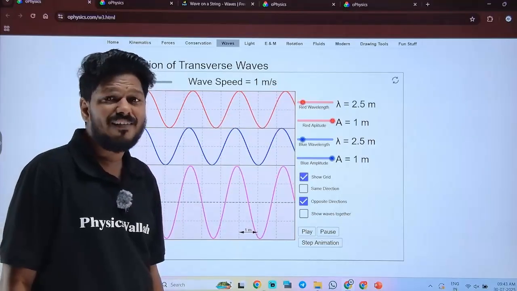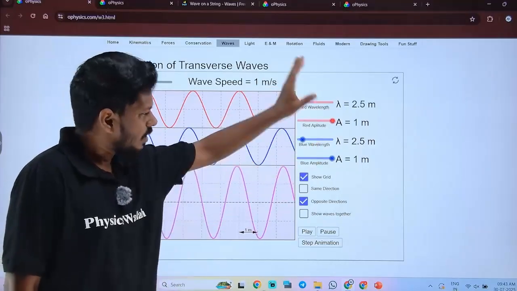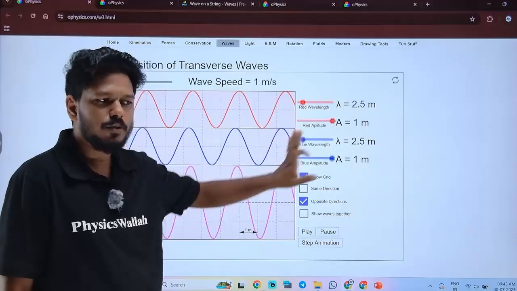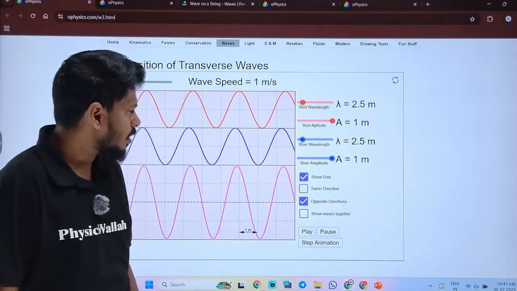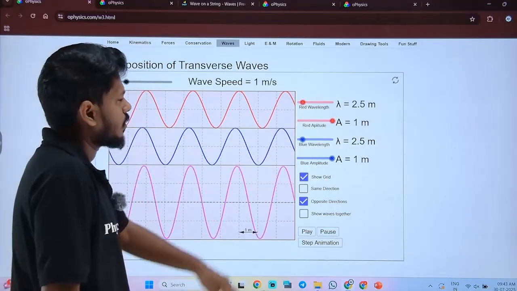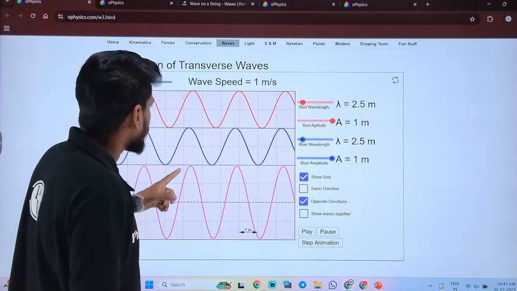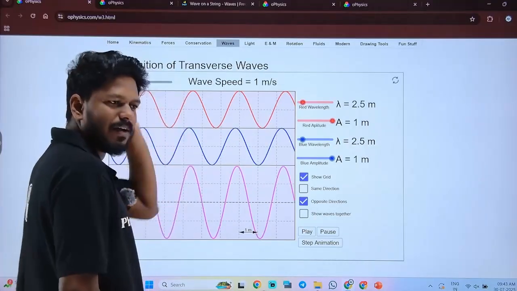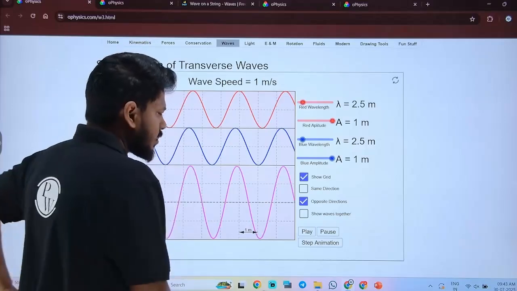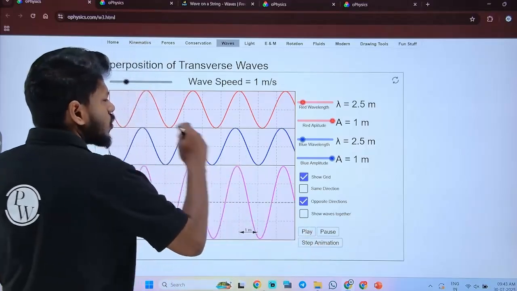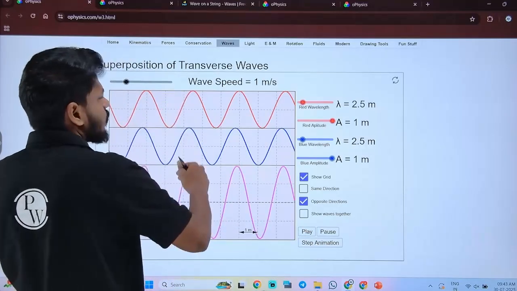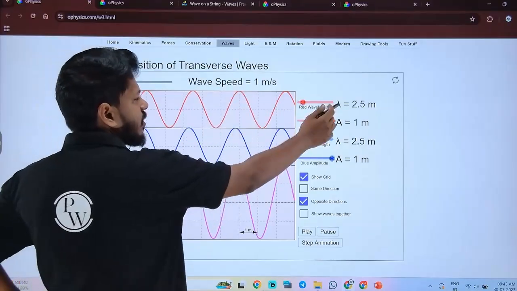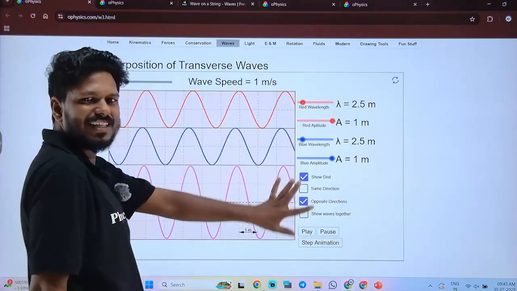If both the wavelengths are equal, and deliberately I have taken the same amplitude, what will happen, sir? As they are both in phase, you can see both have their maxima at the same point and minima at the same point. Two waves are moving with the same speed, the same frequency, and the same amplitude.